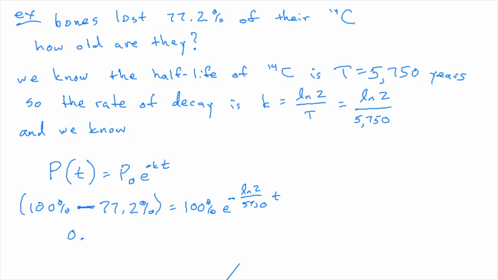And you say 0.228, does that feel right to everybody? Equals e to the negative ln of 2 over 5,750 t. We take the natural logarithm of both sides, and what happens? All this stuff drops down.